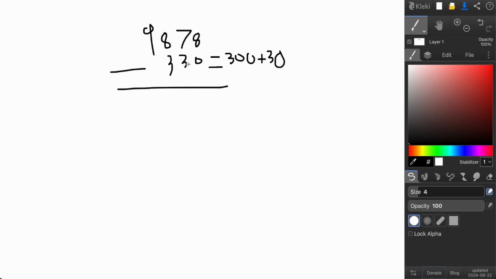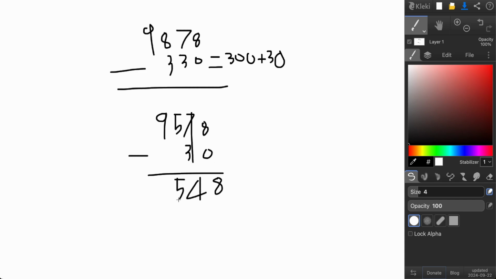So you can first subtract 300 to get 9578. Now this doesn't change, and if you see something like 30 or like 600, you know you can just subtract these to get 4, and the rest is all going to be the same. You're going to get 9548.